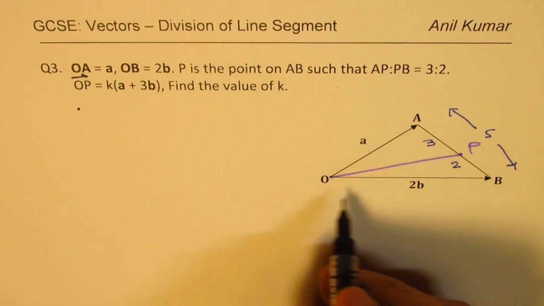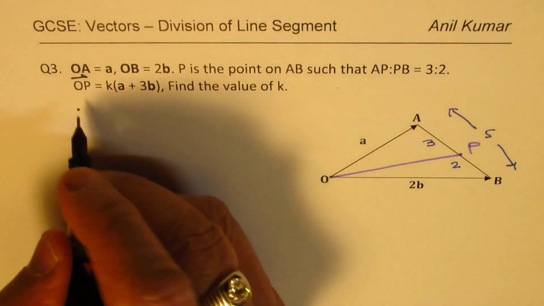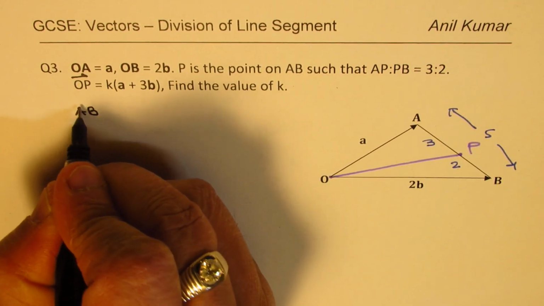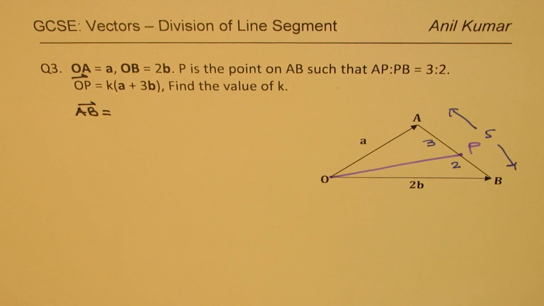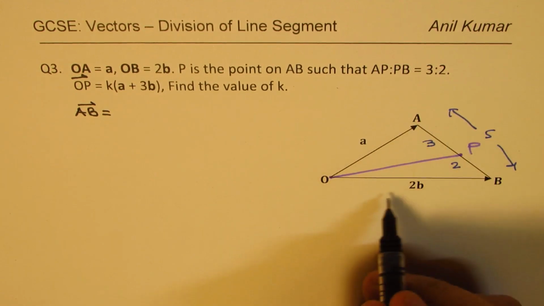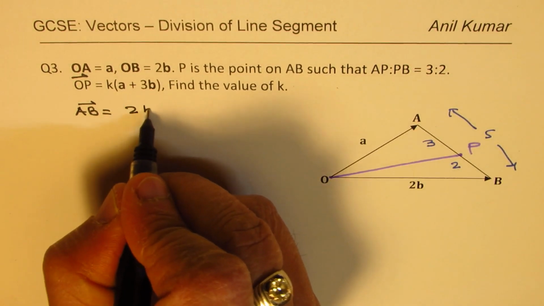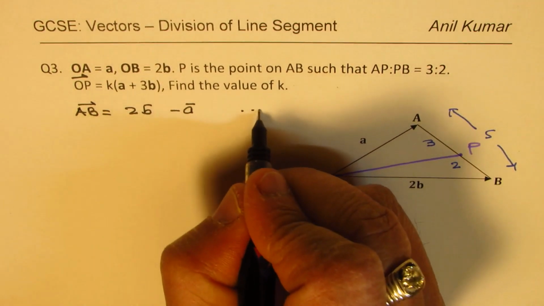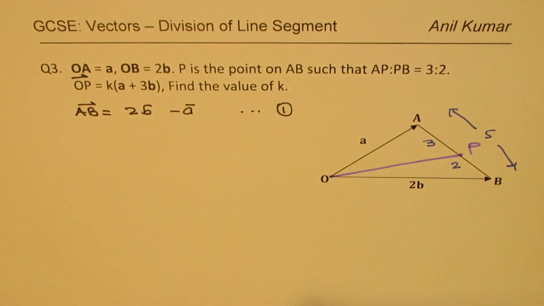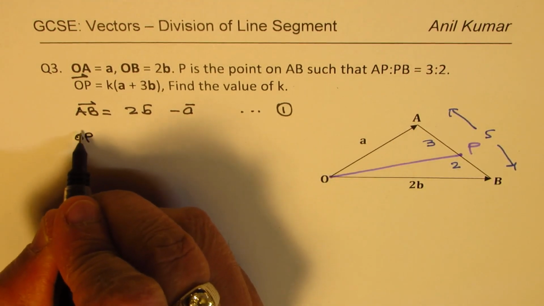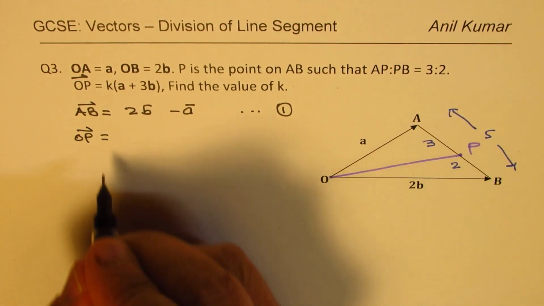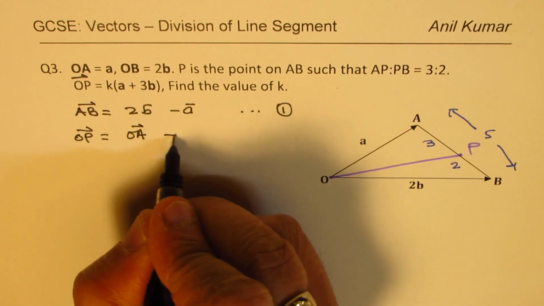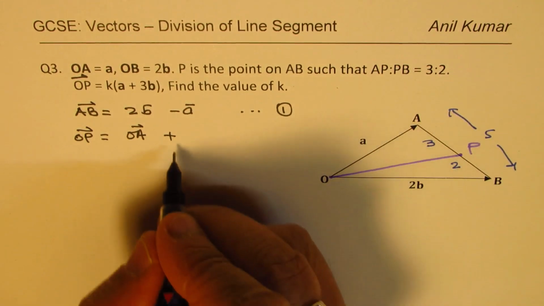So O to P we have to find. First let's find AB, right? Because we need to use it later. So that's what we learned from the first example. So AB is 2B minus A. 2B minus A, right? That is the first thing. So we'll name this as our equation number 1. And now let's figure out what OP equals. So OP is combination of OA and AP.